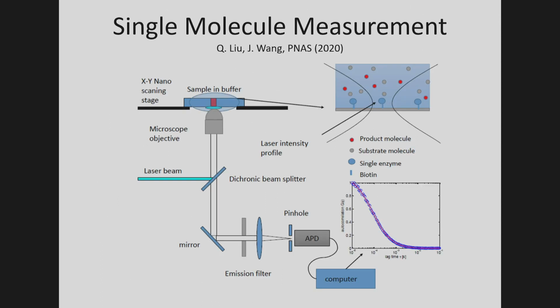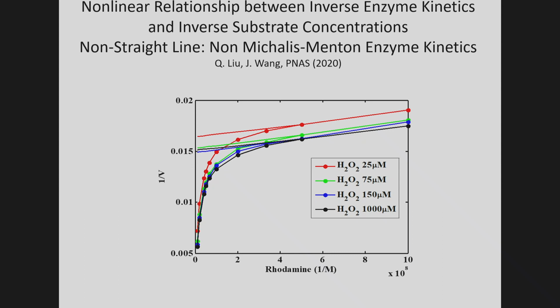And this is the single molecule experiment, this is the enzyme, this is the substrate, and this is the product. And taking care of all the diffusion effects, here's the result. Interestingly enough, this is the inverse of the rate and the inverse of the substrate concentration. If it's Michaelis-Menten, it will be a straight line.